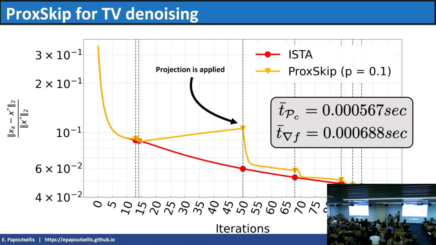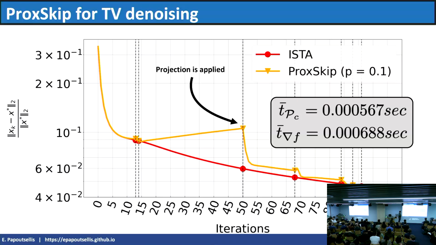The reason why it behaves like this is that for the first 100 iterations, we apply the projection step only here, but then we delay it a lot randomly. We cannot be sure when we apply the projection. That's why here we start to see this divergence.